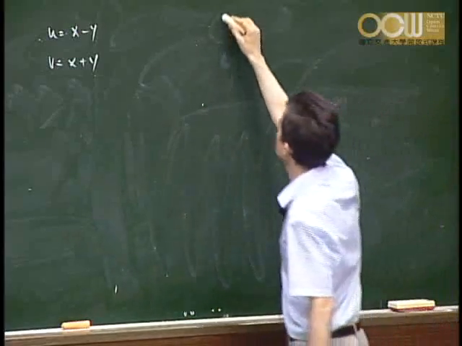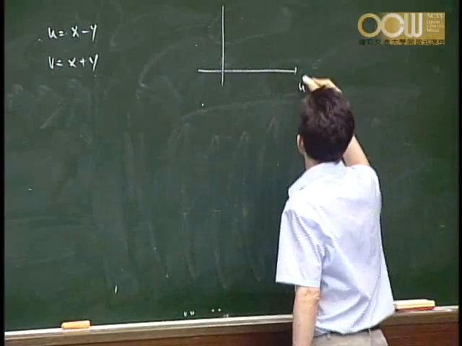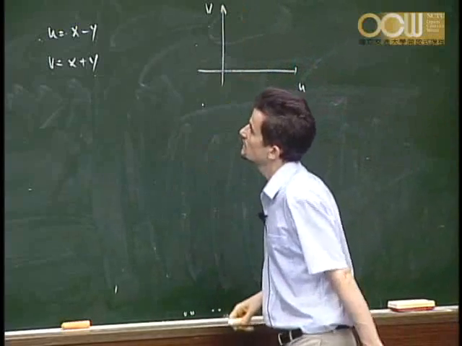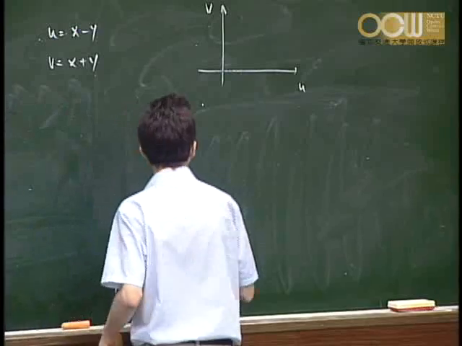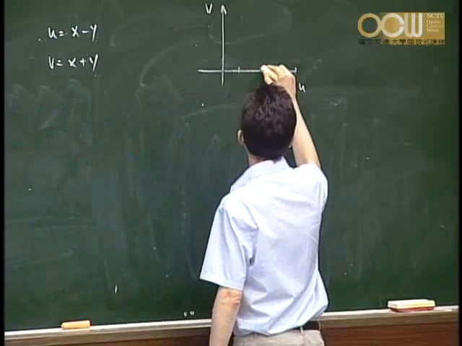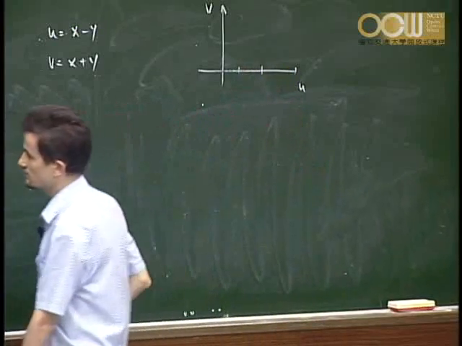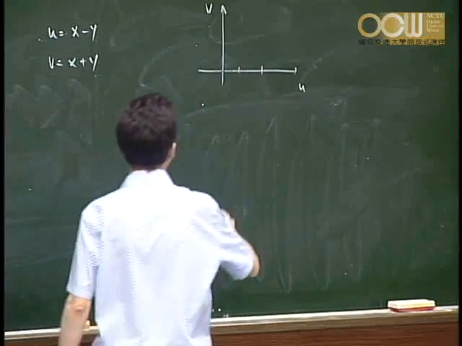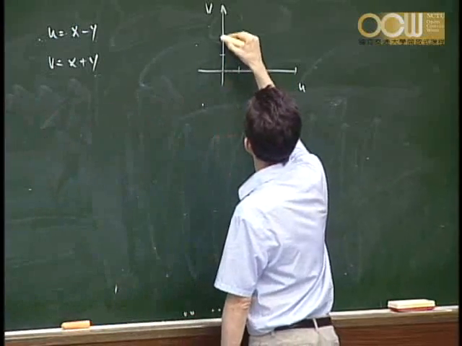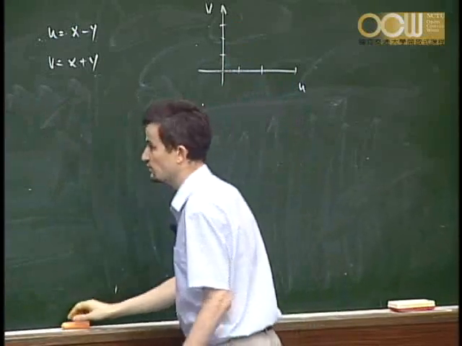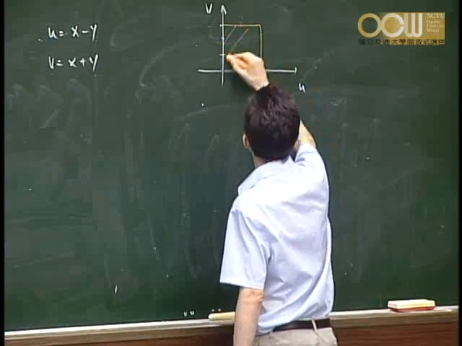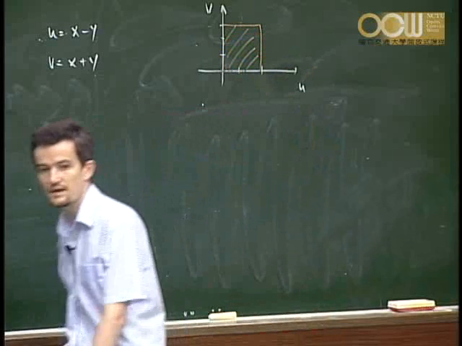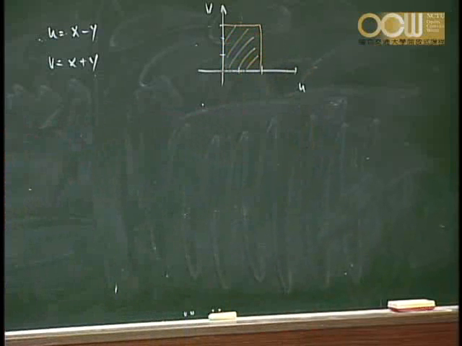Because then in the uv plane, you see u is equal to 0, u is equal to 2 is the boundary, and for v, you have between 0 and 3. So what you get is this rectangle here, which under the map gets mapped onto this one.